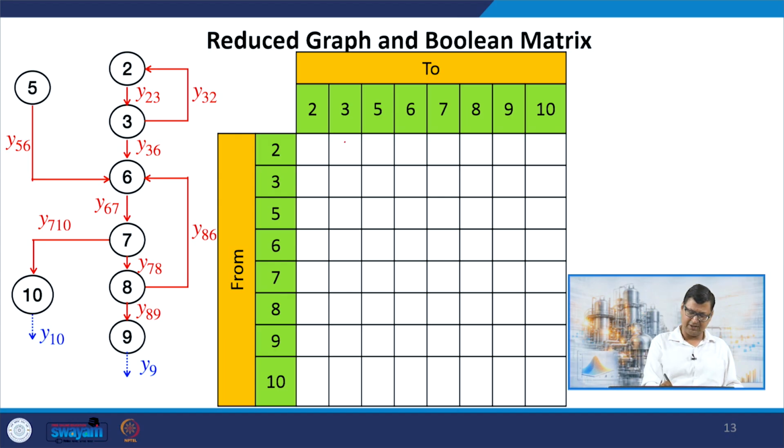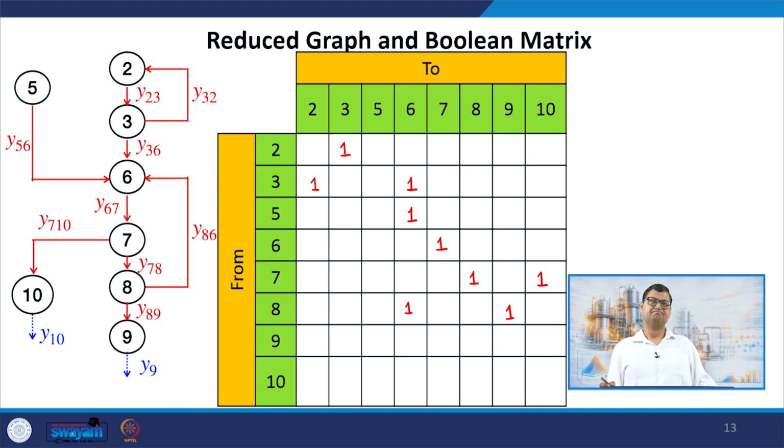Of course, I have done the matrix before, but just for demonstration I am doing it again. From 2 I can go to 3, from 3 I can go to 2 and 6, and from 5 I can go to 6, from 6 I can go to 7, from 7 I can go to 8 and 10, and from 8 I can go to 6 and 9, and from 9 and 10 I cannot go anywhere.